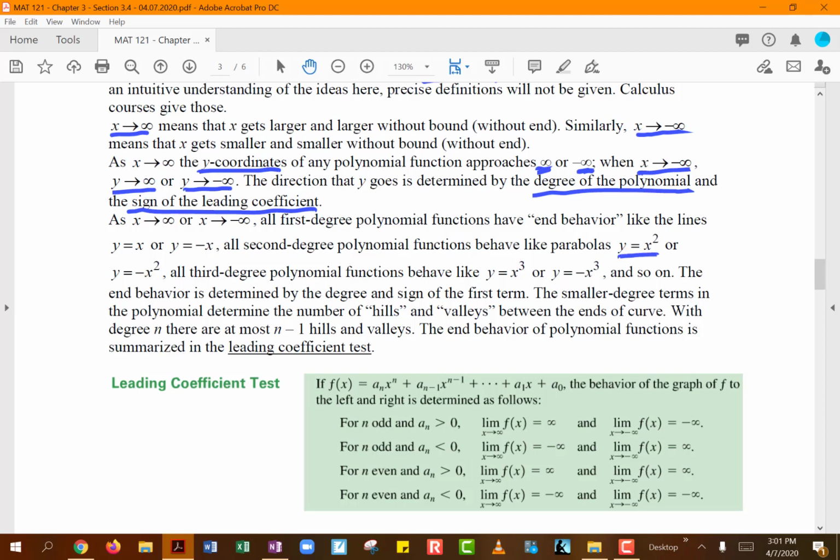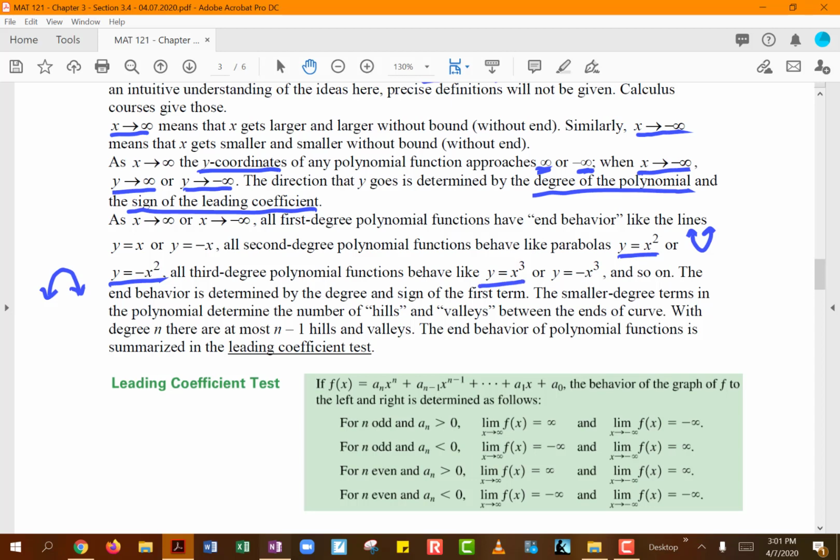If it's y equals x squared, then the graph is going to be a parabola which goes up. If it's y equals negative x squared, then the parabola is going down. So the arms are going down. That can help you visualize what the end behavior of your graph will be like.